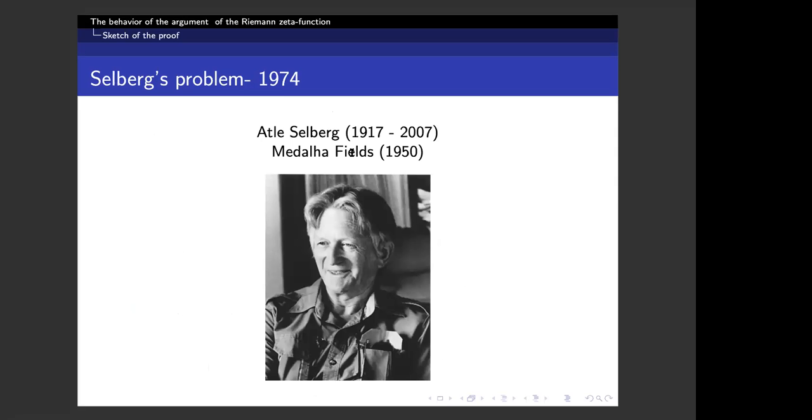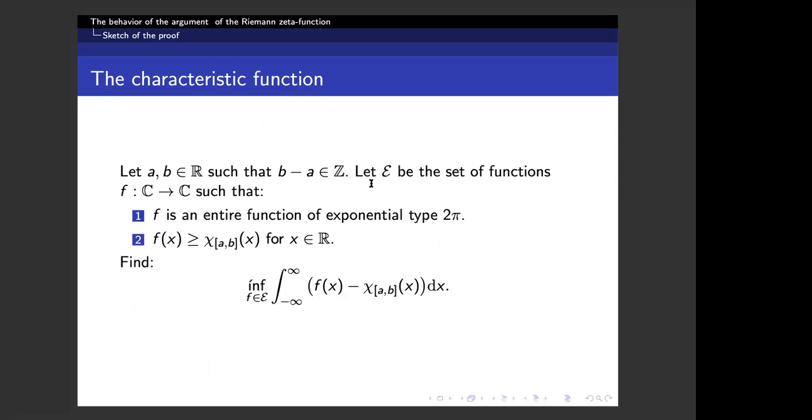Selberg, for instance: you have the characteristic function here, and in the set of entire functions of exponential type 2 pi, you want to find the function that is bigger than the characteristic function, such that this integral is minimal.